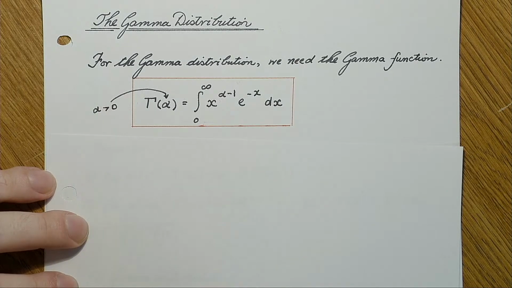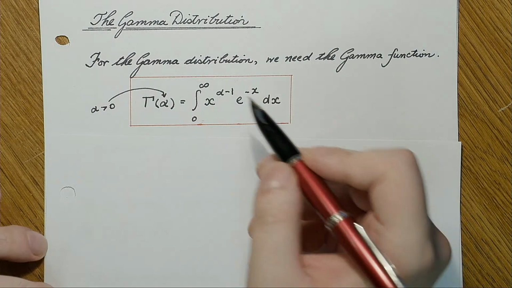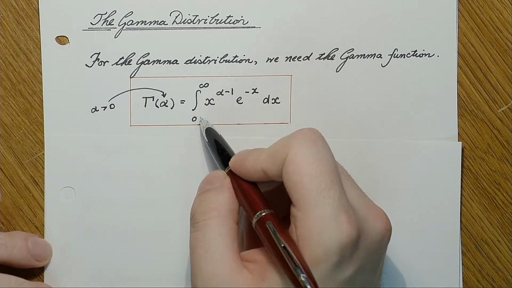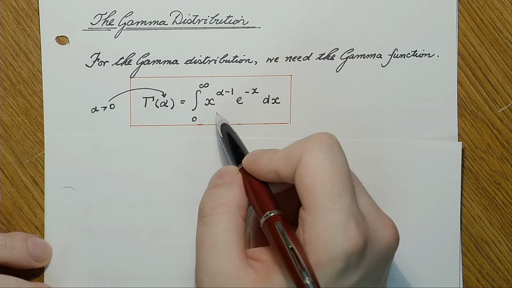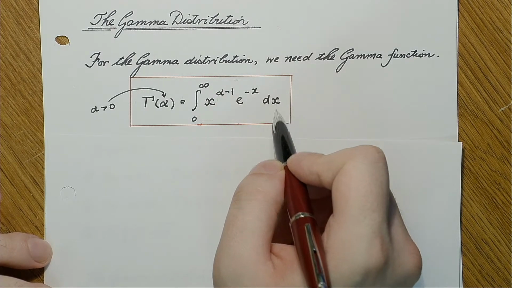Yes, it is a proof that you have seen before. And yes, there will be a lecture after the midterm on Thursday. And so this is the integral from 0 to infinity of x to the alpha minus 1 times e to the minus x dx.